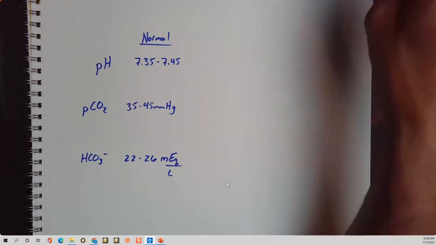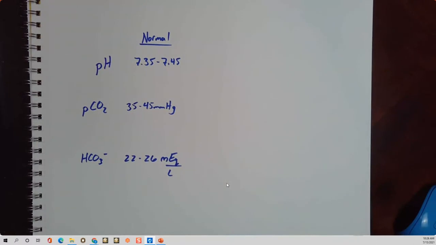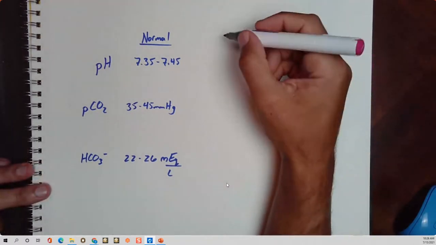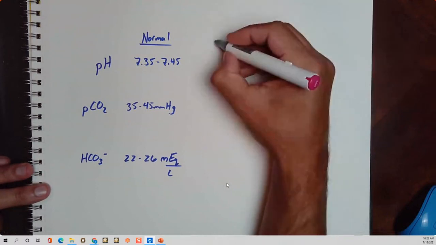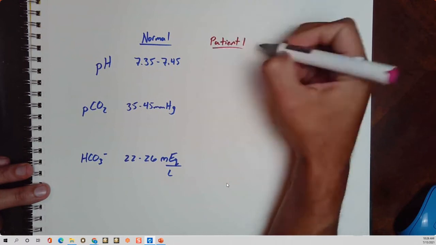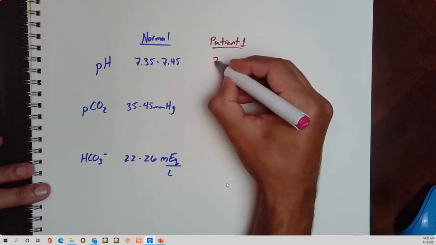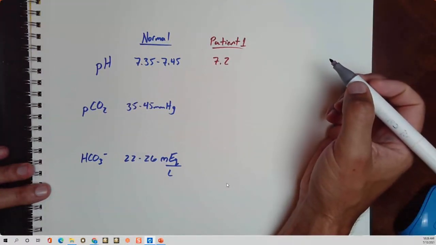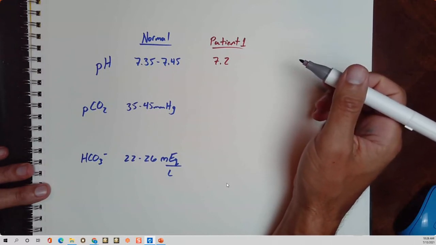All right, I'm not going to write what's on the table that's in the lecture; I think that's just confusing to most people. Instead, let's say we've got patient 1, and this patient has a blood pH of 7.2. What disorder do you know this patient has right off the bat?